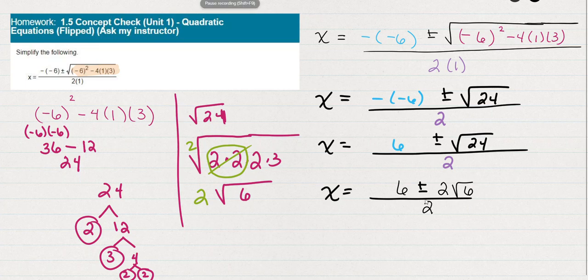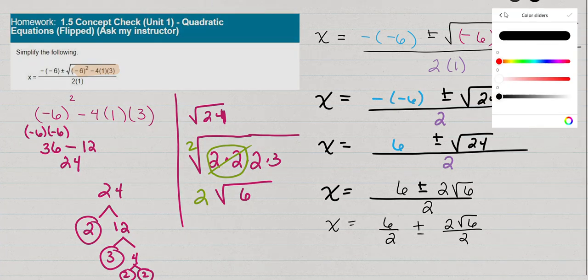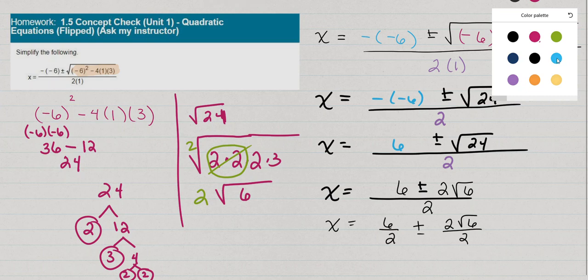But notice when I said that, I said we're going to reduce the 6 and the 2. What we're doing here is saying that this is equivalent to 6 over 2 plus or minus 2 square root of 6 over 2.